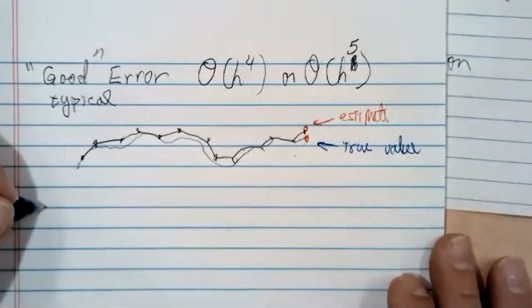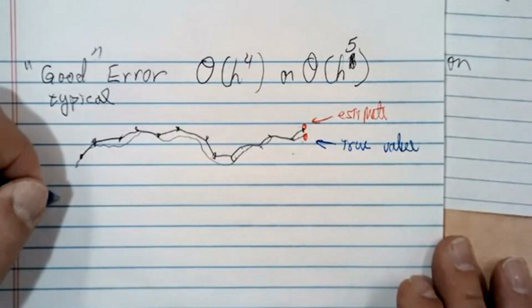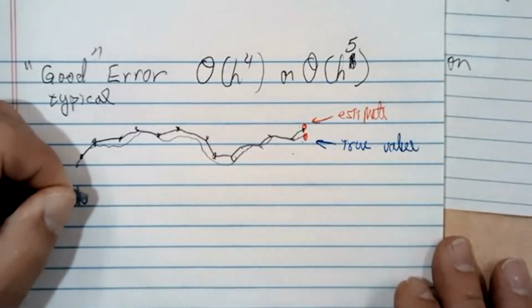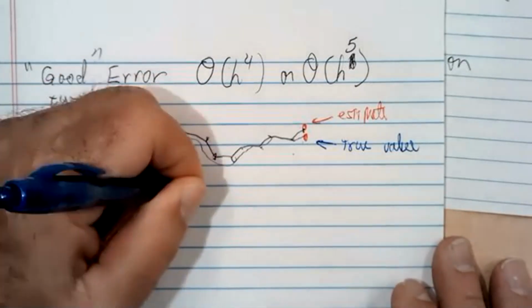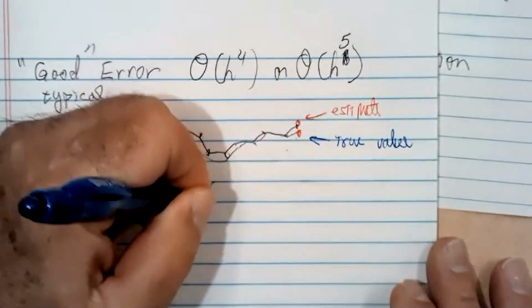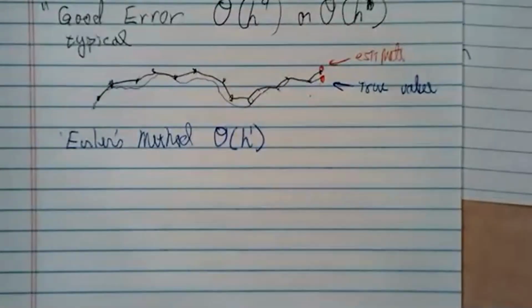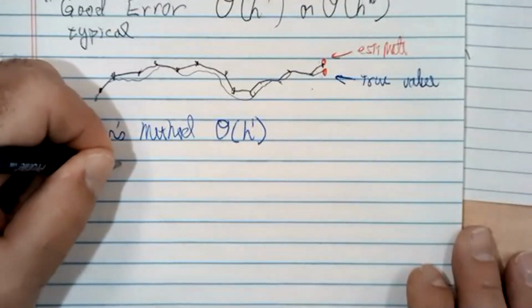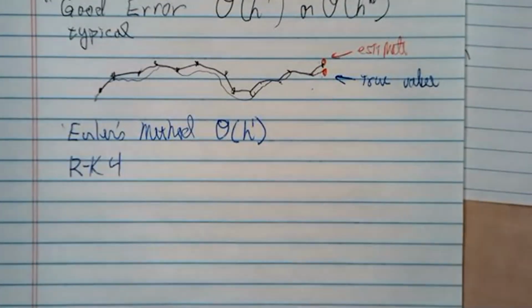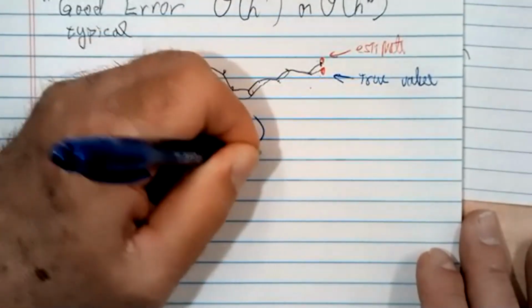Let me give you some examples. Euler's method. Its global error is big O of h to the 1. Which is why we don't use it. The Runge-Kutta method of order 4, usually just called RK4, is big O of h to the 4th.